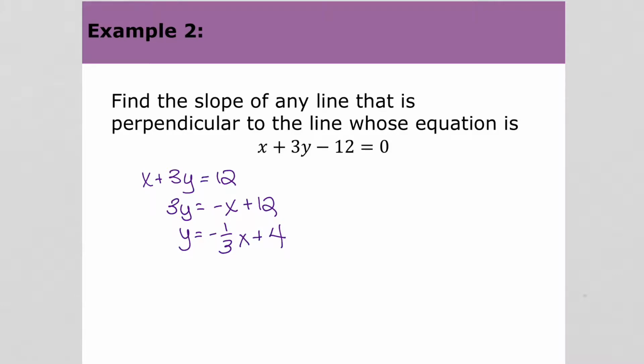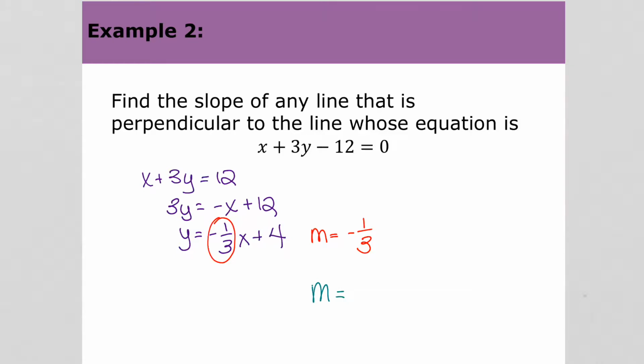Now we're not done because we need to find the slope of the line perpendicular to that one. So the slope of this line is -1/3. So what is the slope of the perpendicular line? Opposite of negative is positive.